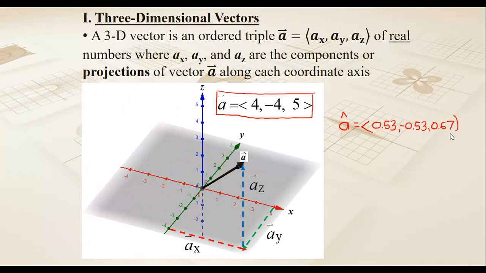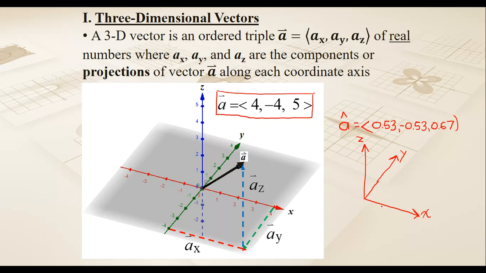Okay, now, let's say you want to sketch this unit vector. So what I could do is make an actual Cartesian grid here. So let's say this is the Z direction. This is the X direction. This is the Y direction.